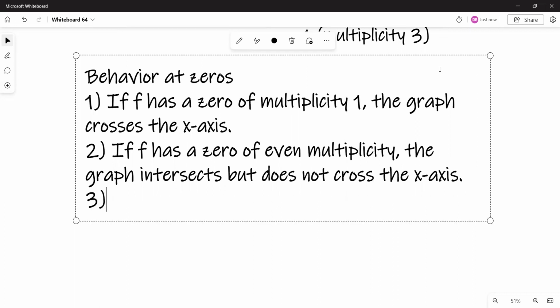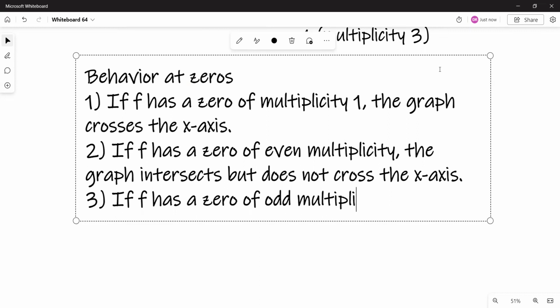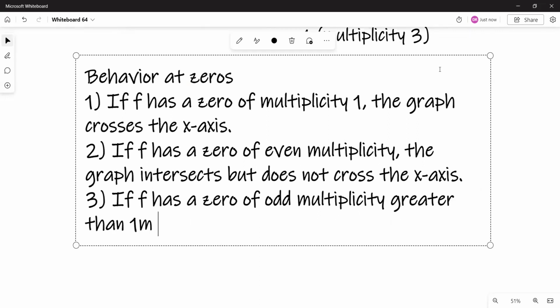And number 3, if the graph has a zero of odd multiplicity greater than 1, the graph levels off and crosses the x-axis.